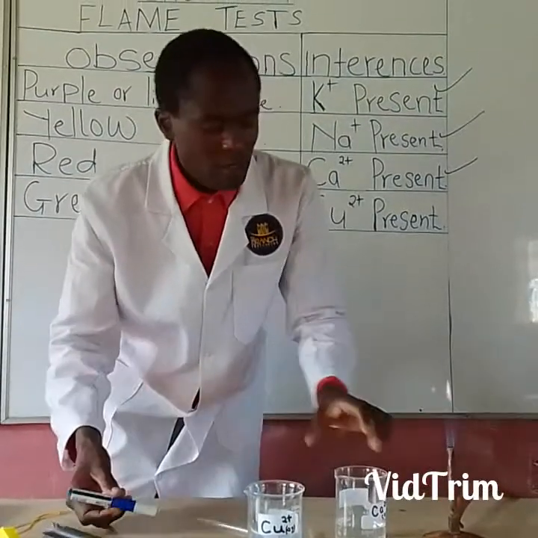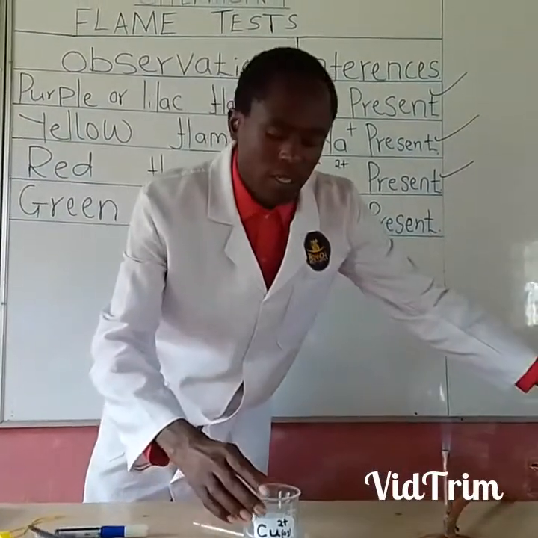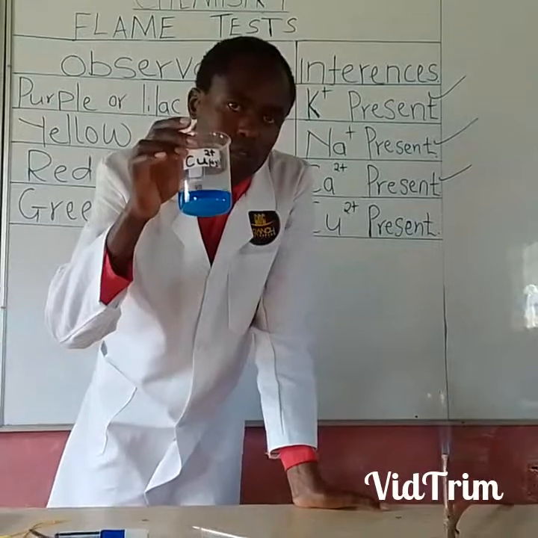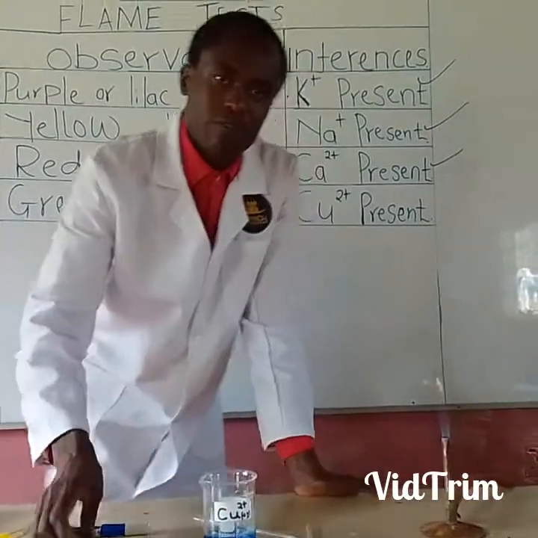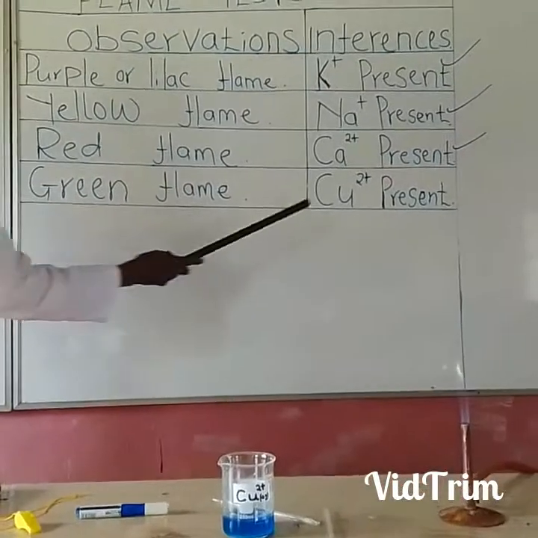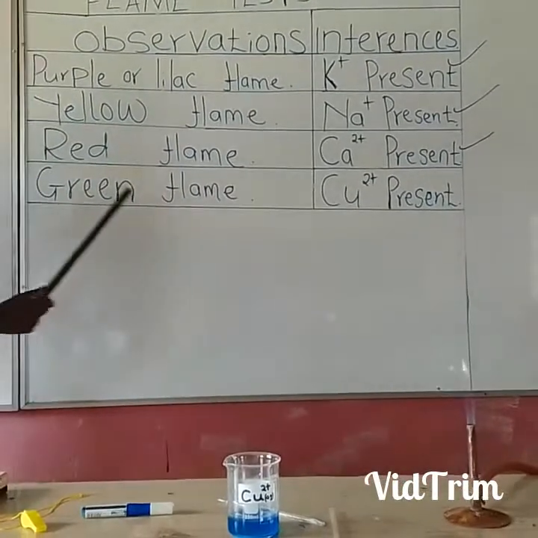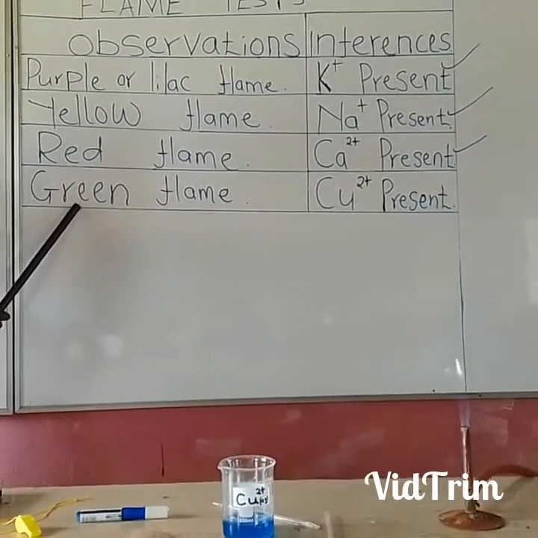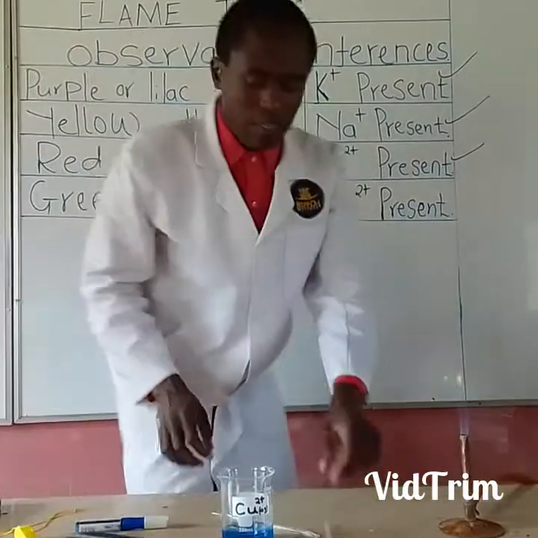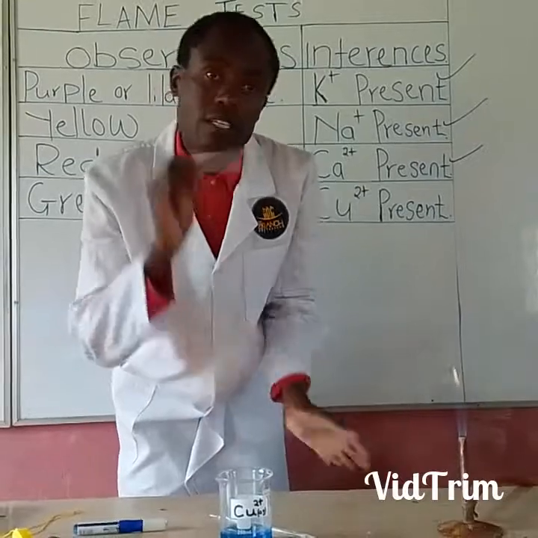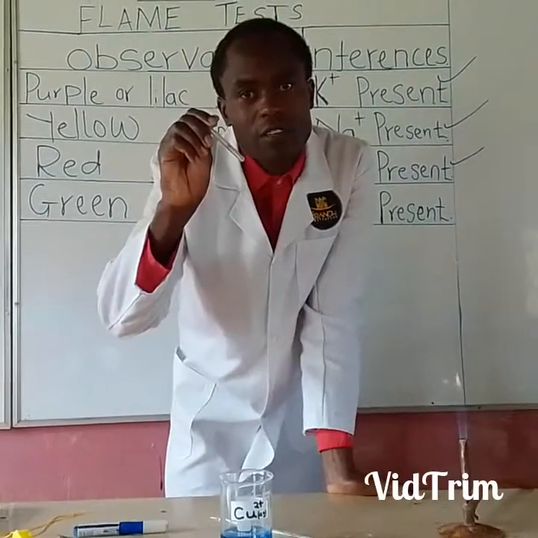Let me now go to the last one, a solution containing copper 2 ions. We have said that for the case of the copper ions, the flame must be a green flame. Is it okay? Let me now take another clean glass rod.